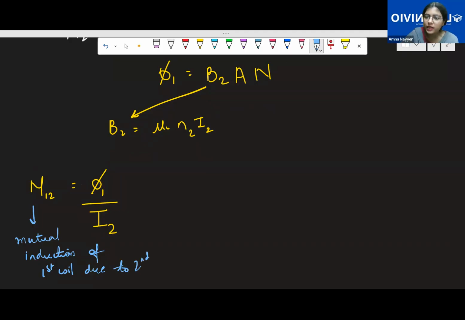So flux of the first one, but current of the second, because the current is changing, that's why the magnetic field is produced. So phi1 by I2. It's actually the same thing, just two different formulas are used here.